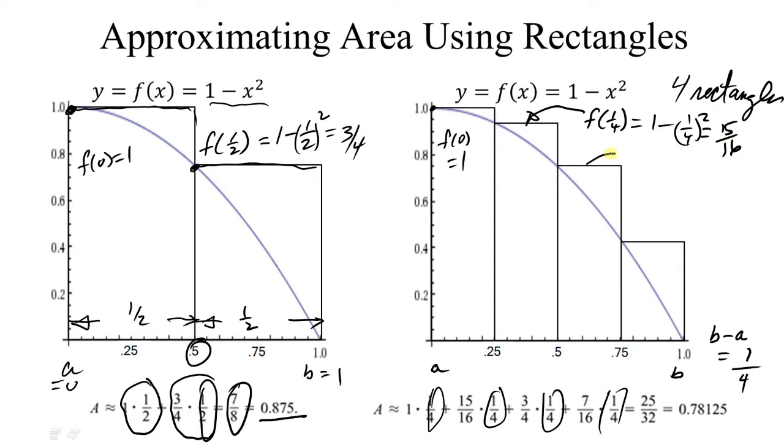Similarly, the height of the third rectangle is F of 1/2, which is 1 minus 1/2 squared, which is 3/4.